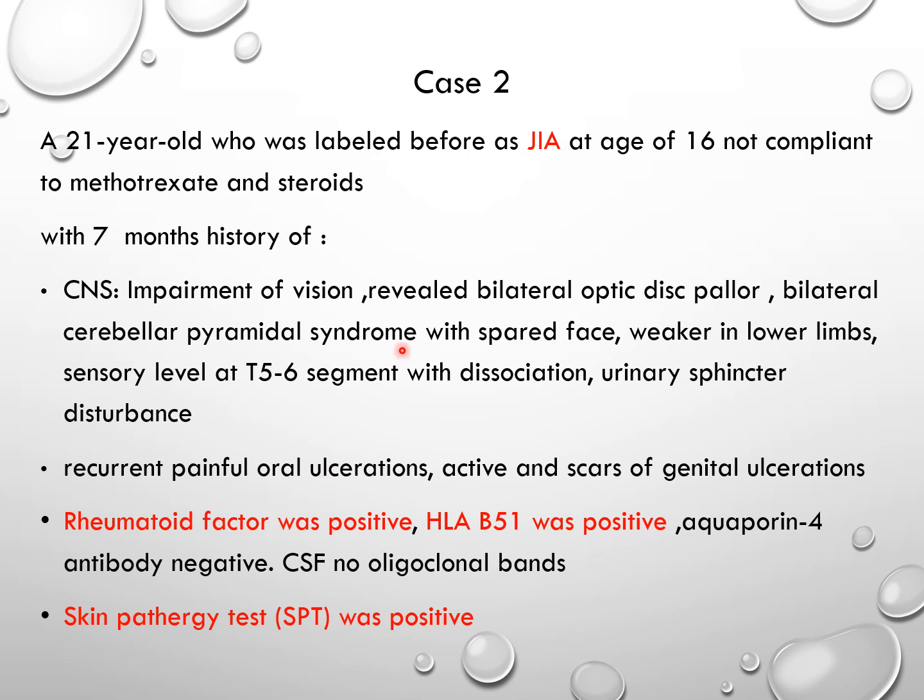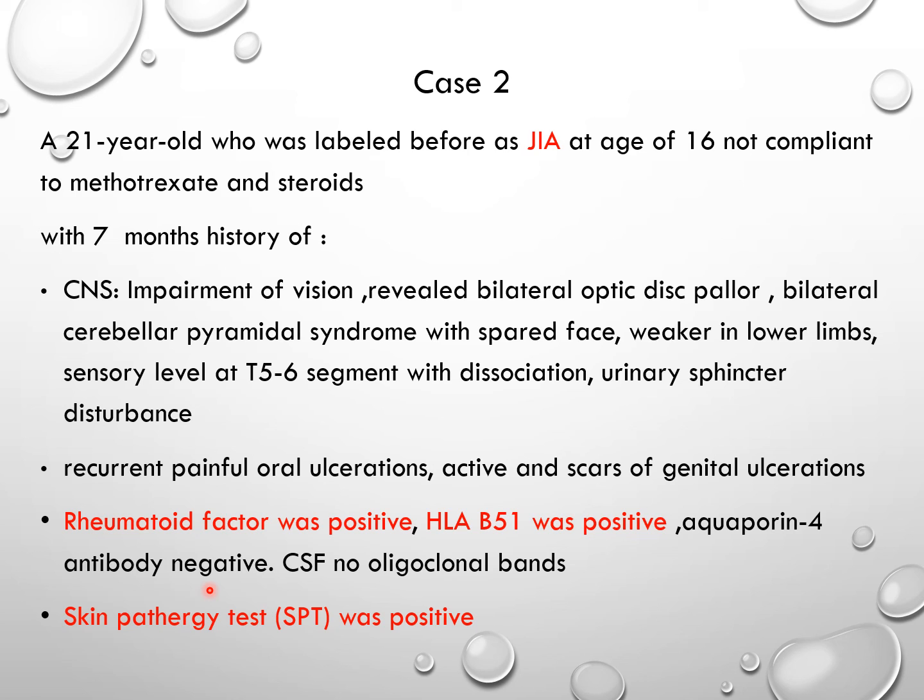Maybe this, along with the arthritis, led to misdiagnosing him as JIA. HLA-B51 was positive too. Aquaporin antibodies were negative. CSF, no oligoclonal band was detected. The pathergy skin test was positive for this patient, and the diagnosis of Behçet's disease with neuro-Behçet's disease was proposed.